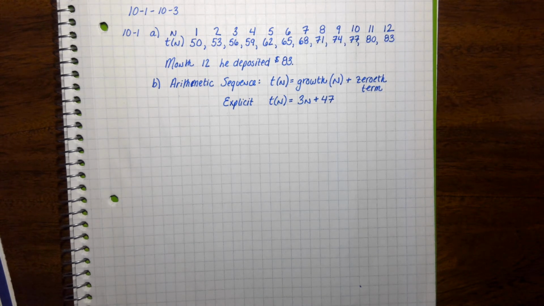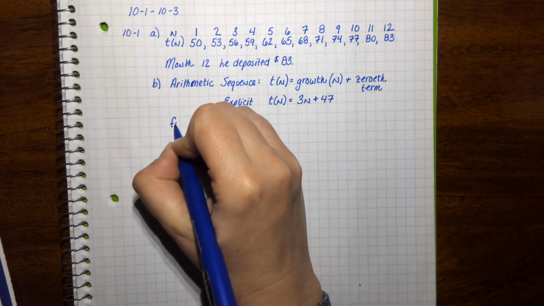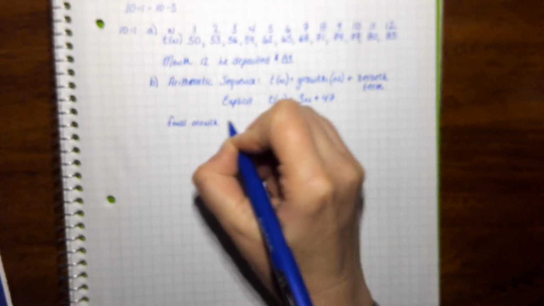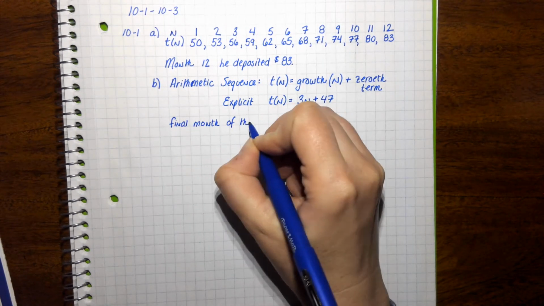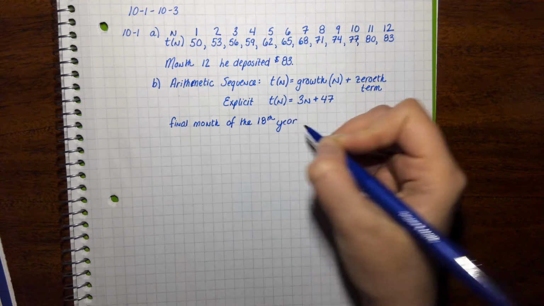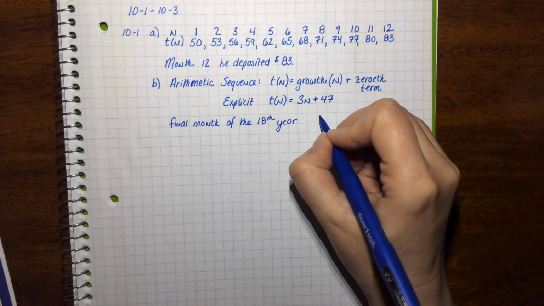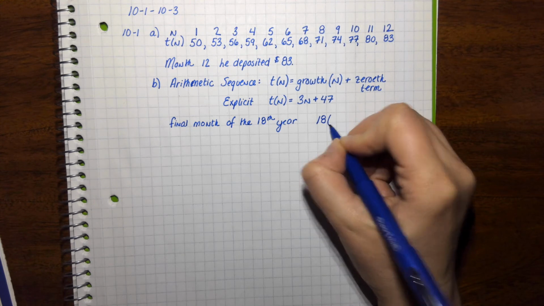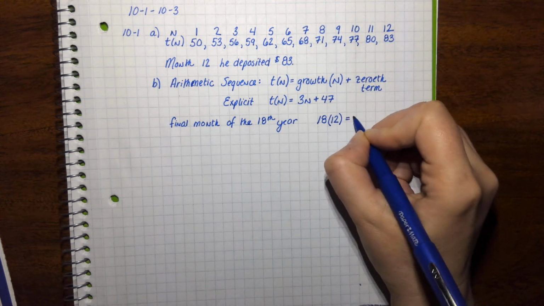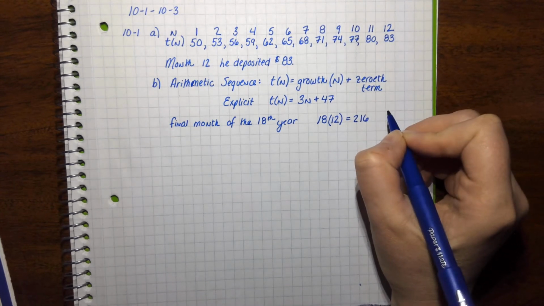Using your formula, determine the amount of the final deposit on the last month of the 18th year. In the final month of the 18th year, we know that if she's 18 years old and there are 12 months in a year, that would be month 216.